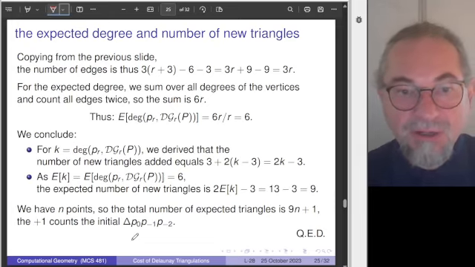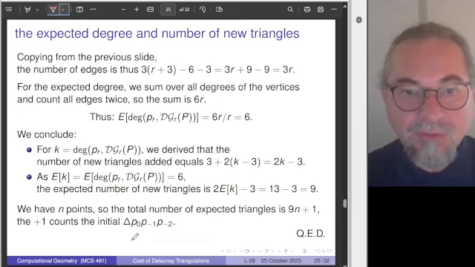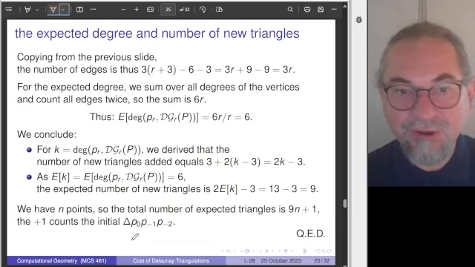Okay, so we have the formula for the number of new triangles. So that's the bound that we computed earlier.